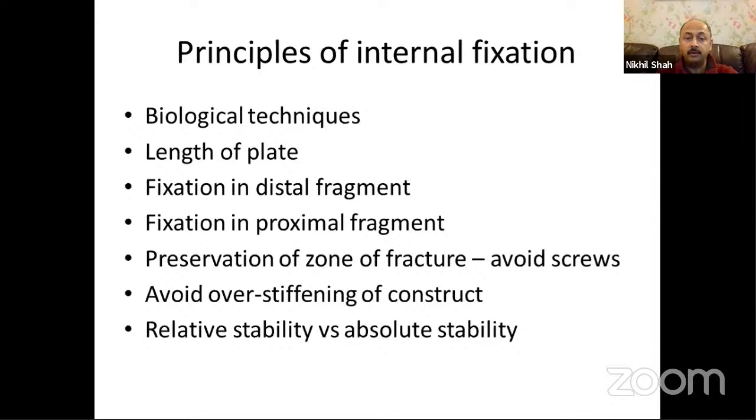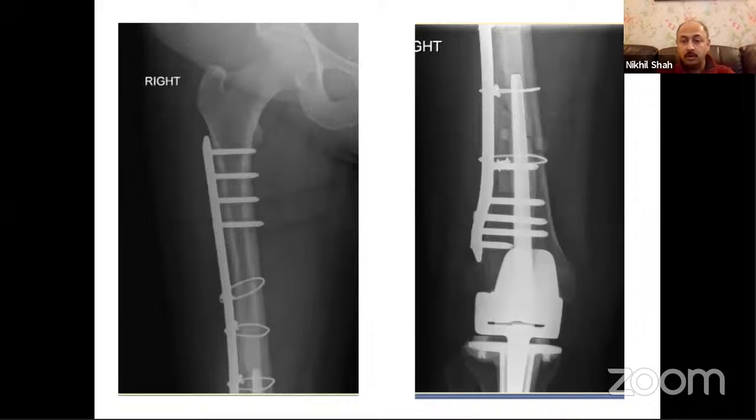And then depending on the type of fracture, you decide whether you want relative stability or you want absolute stability. So this is what I did. And for this, planning is very important. You have to know the length of the plates available, the shape of the plate that is available, the type of screws that can go into it, whether it's titanium or stainless steel, where the flare is located, whether you're going to use locking screws, like in this case distally, or whether you're going to use non-locking, whether you're going to mix and match the screws, how many cerclages you're going to put, and where they're going to be placed.